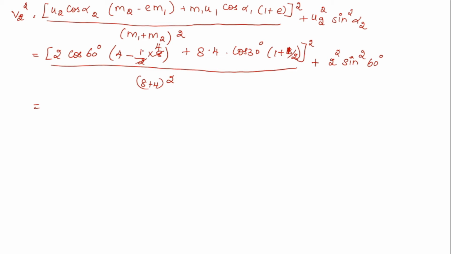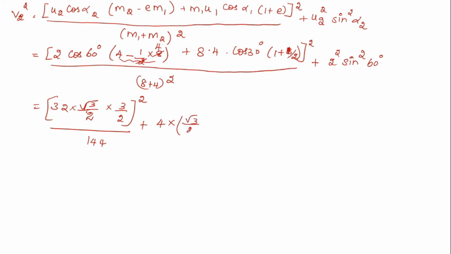So which is equal to 4 minus 4, this term will be 0, 0 into anything will be 0, so you won't get the first term, so you will have the remaining term, 8 4s are 32, so it will be 32 into cos 30 degree, which is root 3 by 2, into 1 plus 1 by 2 is 3 by 2, the whole square, divided by 8 plus 4 is 12, 12 square is 144, plus 2 square is 4 and sin 60 degree is root 3 by 2 the whole square, which is equal to this 2 and 32 will get cancelled, remaining will get 16 and 2 and 16 will get cancelled, remaining will get 8.